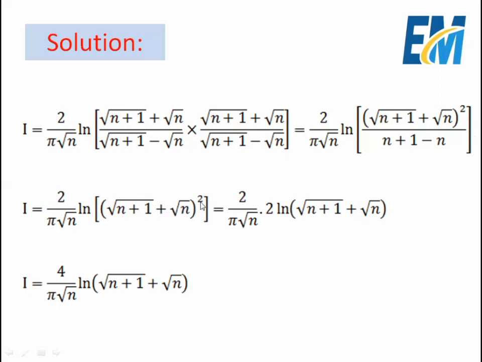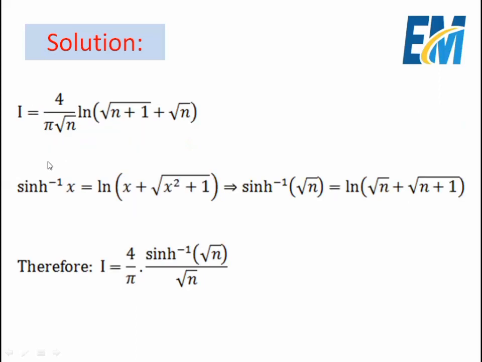We can take the square next to ln here to get 4 over pi square root of n ln of square root of n plus 1 plus square root of n. But we know that inverse sine hyperbolic of x equals ln of x plus square root of x squared plus 1. Instead of x, we will substitute square root of n.